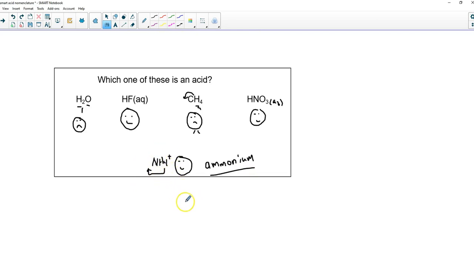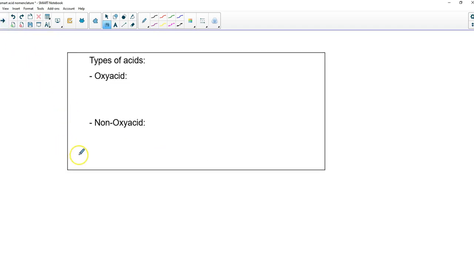All right, so let's jump on to types of acids. There are basically a couple types of reactions that we can use, and we'll learn about these reactions in class as we go through this chapter. One of them would be called a solubility reaction.